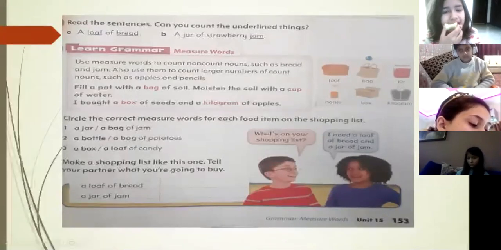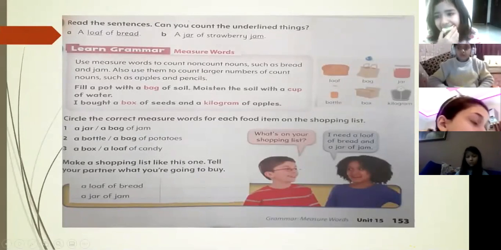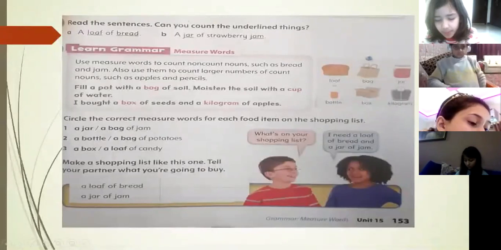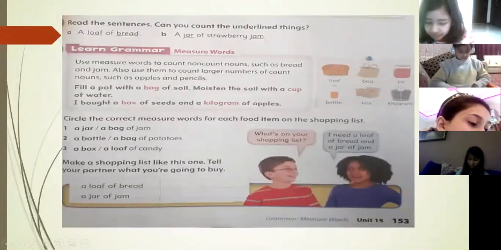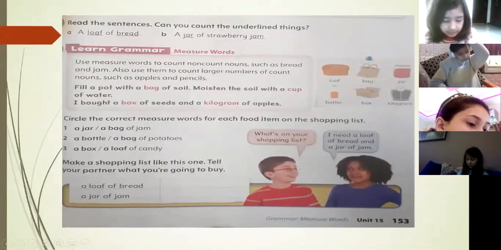So these measure words will identify those things which we talk about. So as you see over here, a loaf of bread, a jar of strawberry jam. Loaf means a quantity of bread that is being sliced before being eaten, and a jar of strawberry jam, because you can't say a loaf of strawberry jam or a bag of strawberry jam.